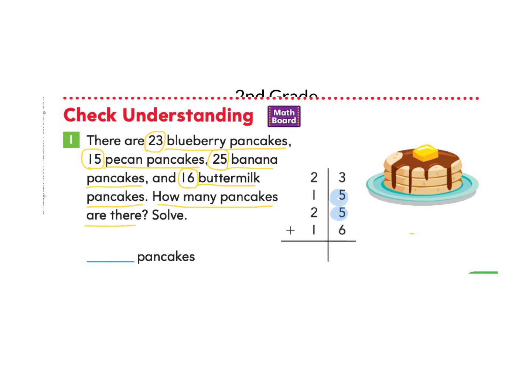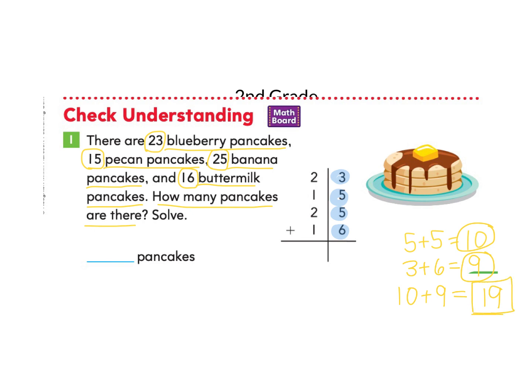When I do that, I get 5 plus 5 equals 10. And then I'm going to add the 3 and the 6. When I add 3 plus 6, I get 9. And then I'm going to add these two sums, 10 plus 9, and 10 plus 9 makes 19.